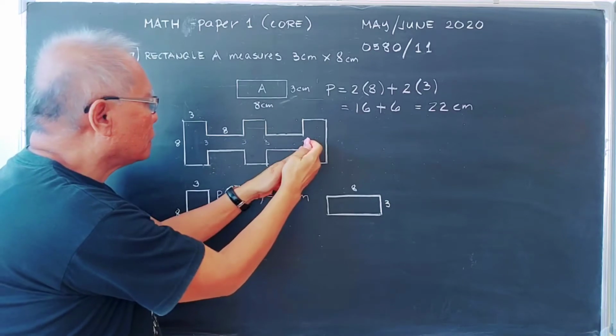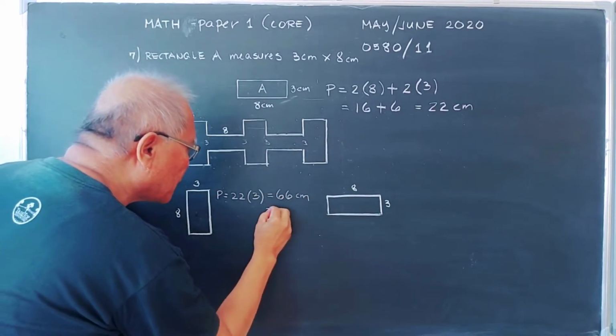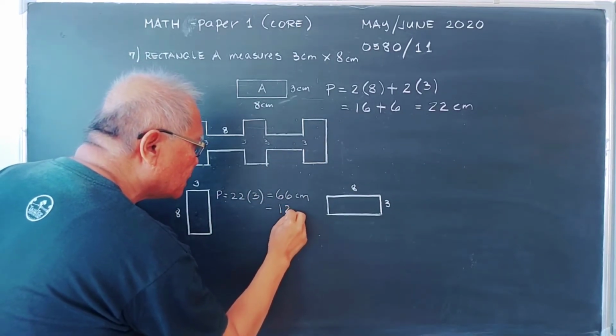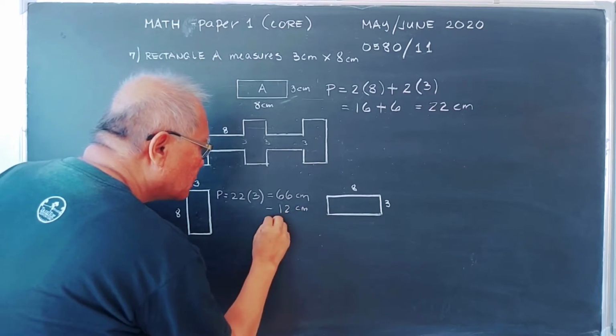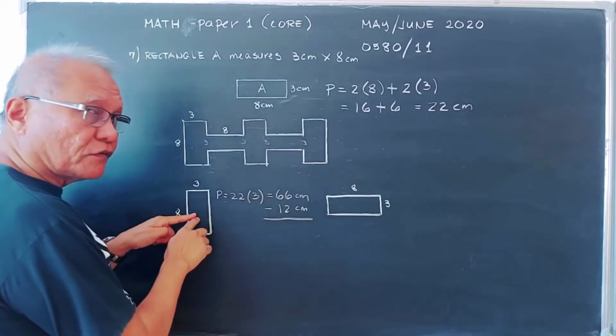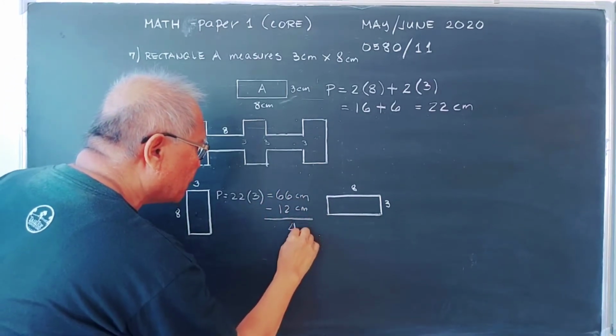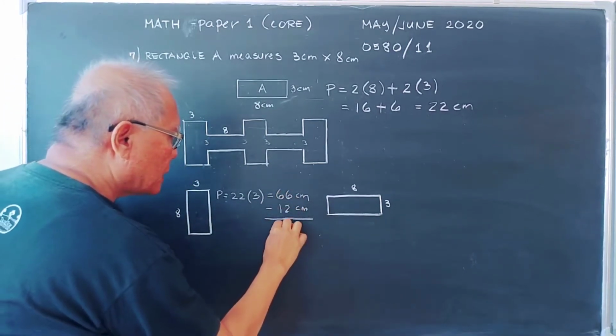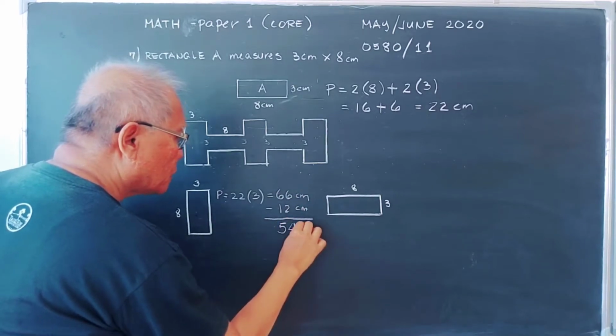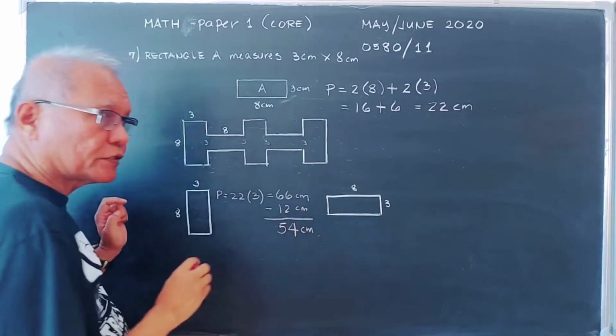So we have 12. So we subtract 12 centimeters. So we have the perimeter of the standing rectangles: 6 minus 2 is 4, 6 minus 1 is 5. So we have 54 centimeters.